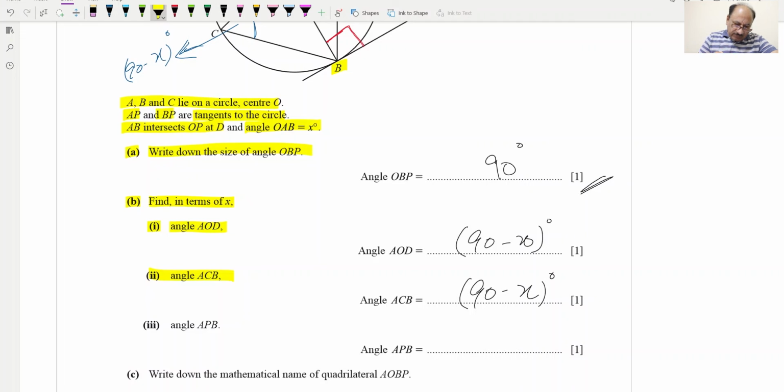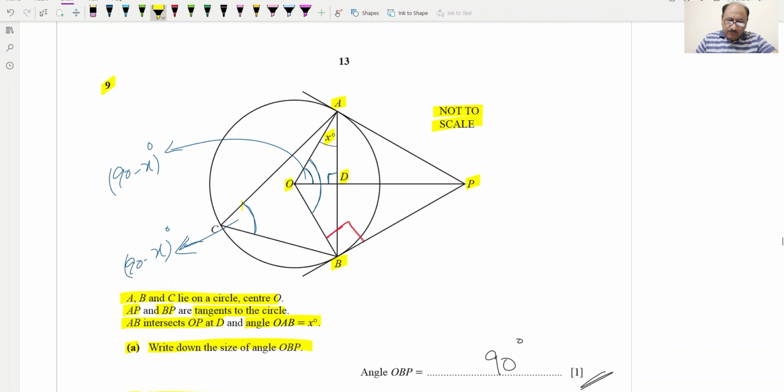Now next, third part, angle APB. APB is this angle. If we indicate this angle, we can consider the triangle, for example this lower triangle.